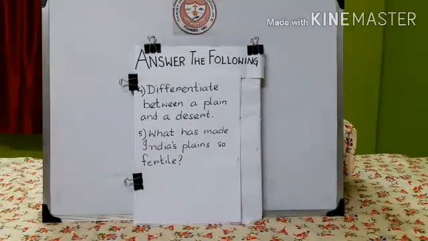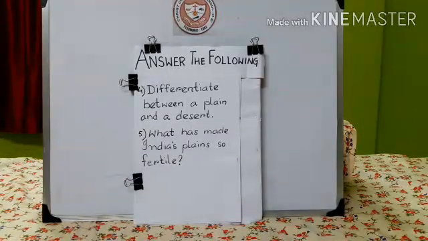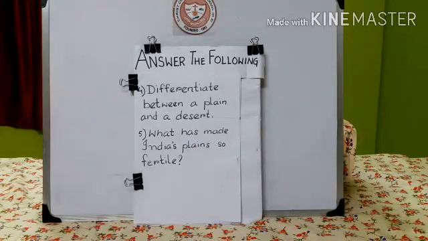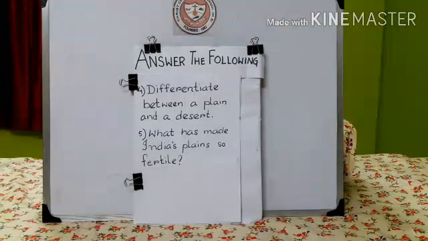And many crops are grown in plains. But whereas deserts are sandy plains with little rainfall and the land is covered with sand, and as it gets very low rainfall during the year, very few bushes and thorny plants grow in this region. Got it? What you will have to write for this answer?